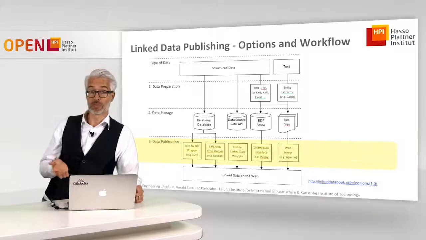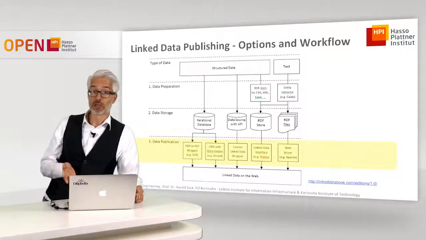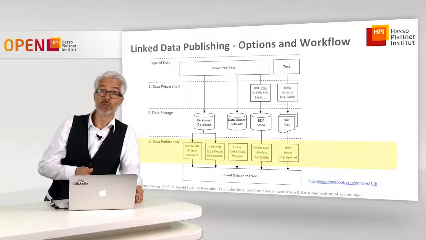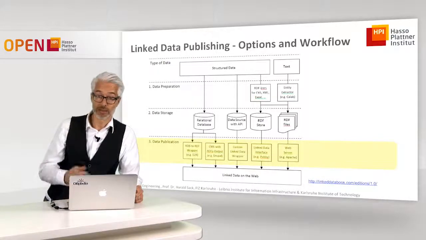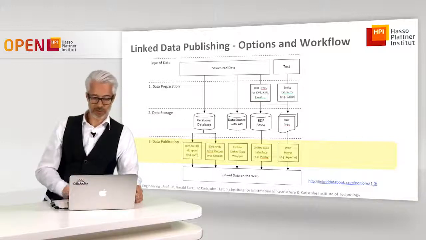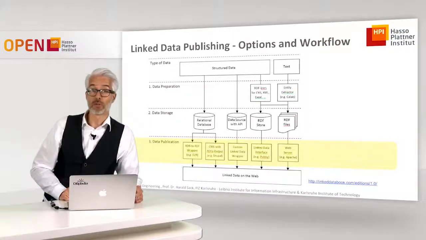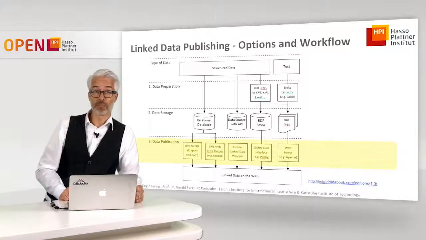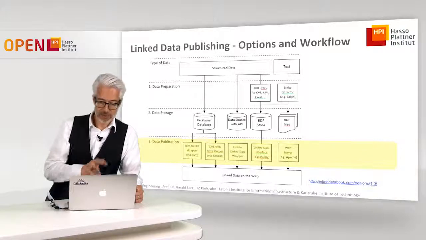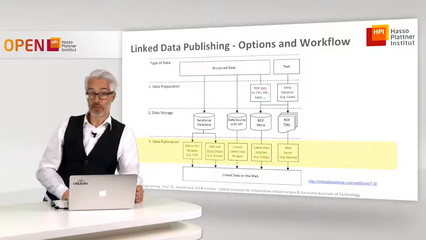We have also heard about that, and can then switch between delivering RDF or delivering HTML. So this is something which is connected to content negotiation. So these are the different generic workflows that are possible in linked data publishing. If you are interested in these in more detail, please follow the given link.